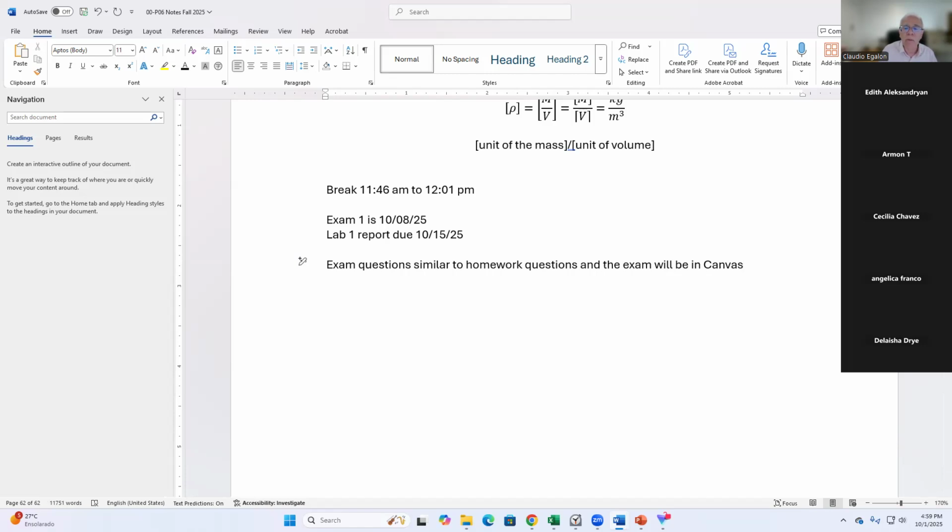During the exam, you must have access to Canvas and be logged in to Zoom at this address with your camera on. Okay, thank you, Professor.